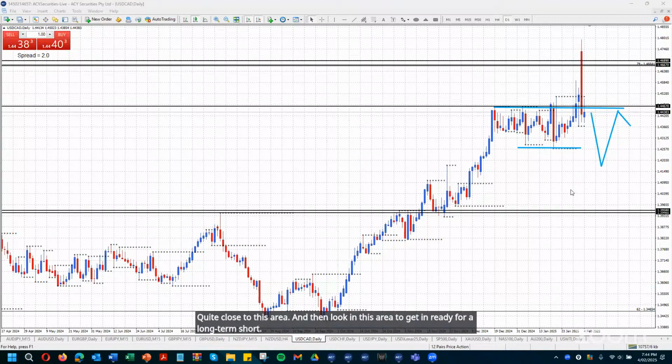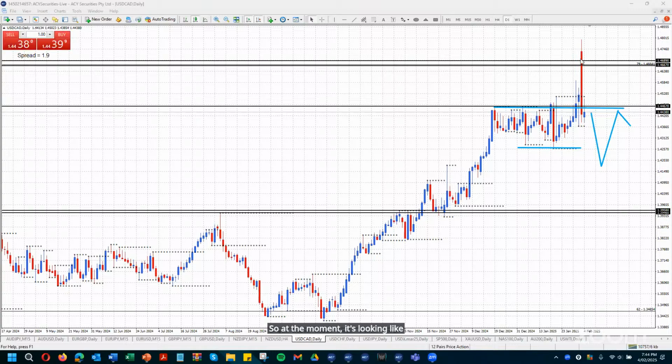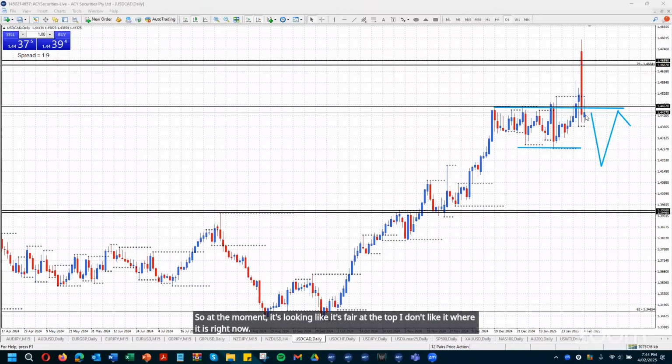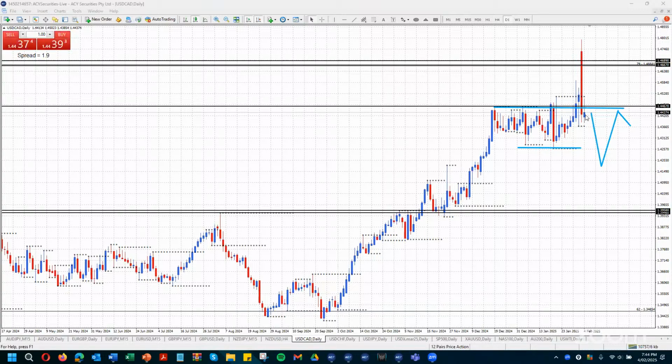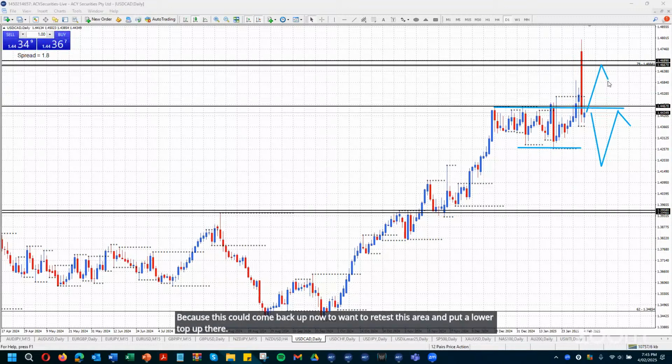So at the moment, it's looking like it's failed at the top. I don't like it where it is right now. I need it to show me that it wants to maybe put in a lower top, and then I can get ready to maybe sell it, maybe against 144.67, because this could come back up now to want to retest this area and put a lower top up there.